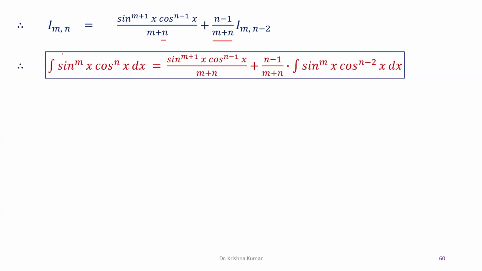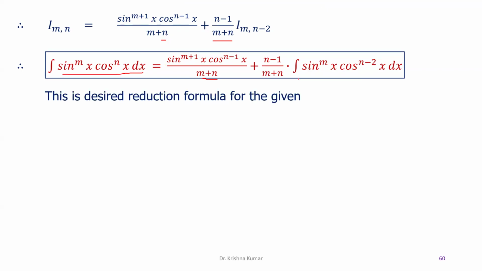Hence, the reduction formula of sine to the power mx into cos to the power nx with respect to x is sine to the power m plus 1 x into cos to the power n minus 1 x upon m plus n, plus n minus 1 upon m plus n into the integration of sine to the power mx into cos to the power n minus 2 x with respect to x. This is the desired reduction formula for the given integral. Thank you.